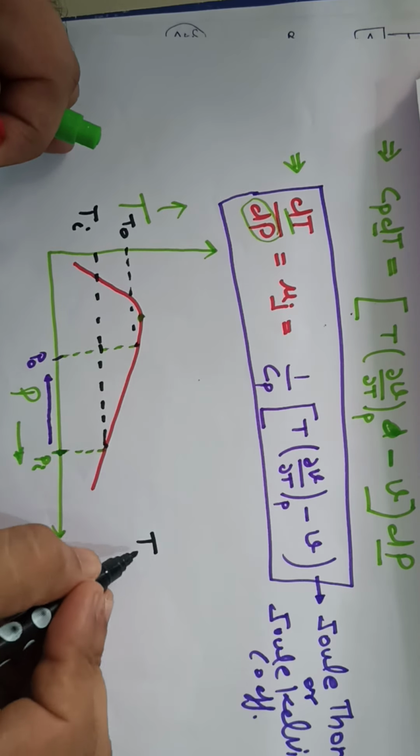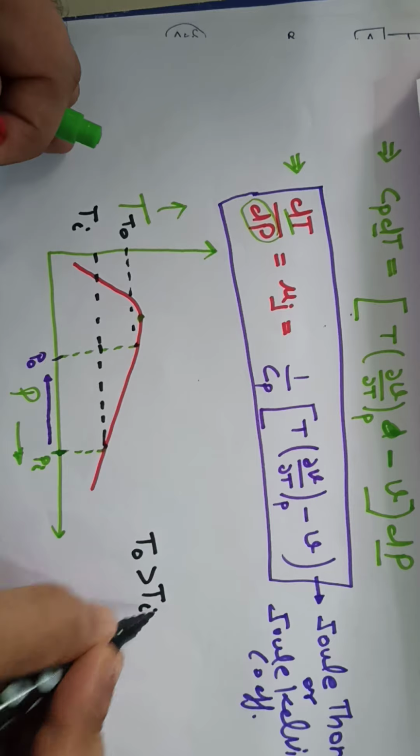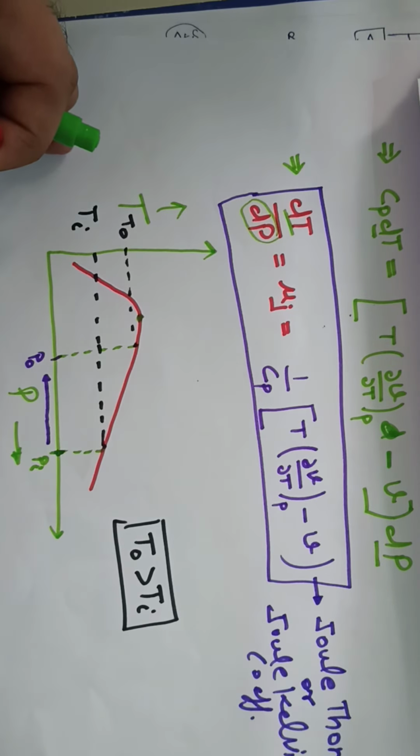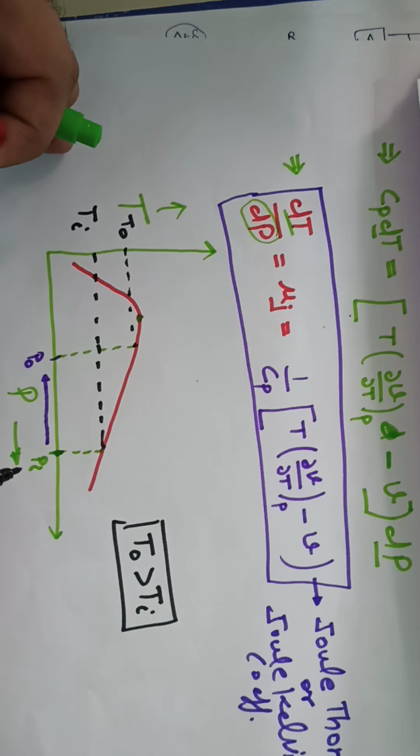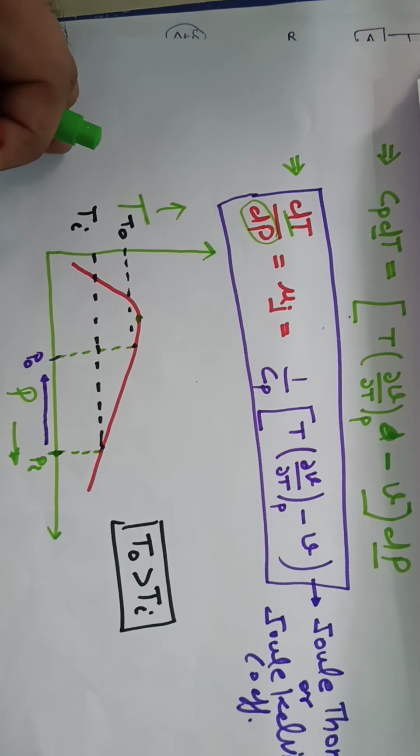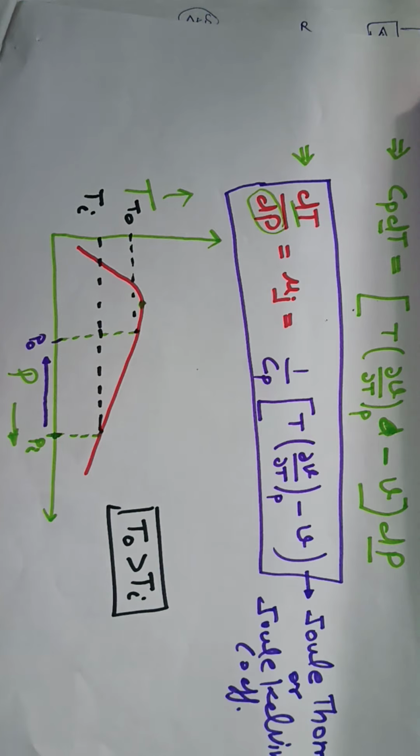And we can see from the graph T0 is greater than Ti. That means if the gas is undergoing a constant enthalpy process, its temperature can rise. But can it decrease? Yes, it can decrease. And how it can decrease, we will see in this next graph.